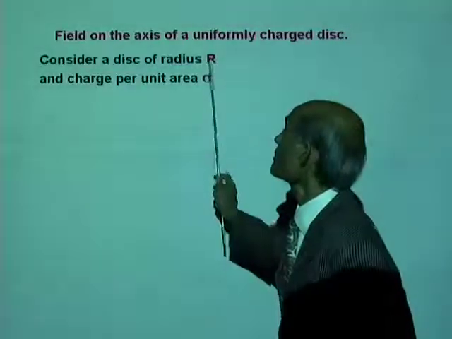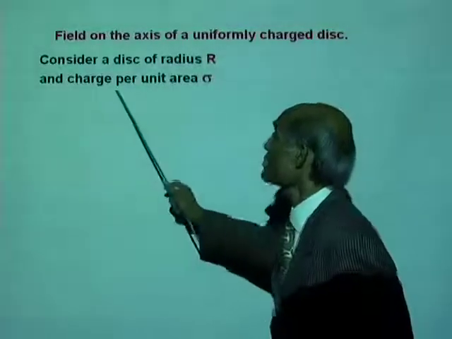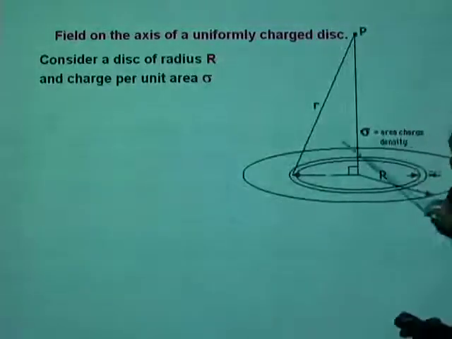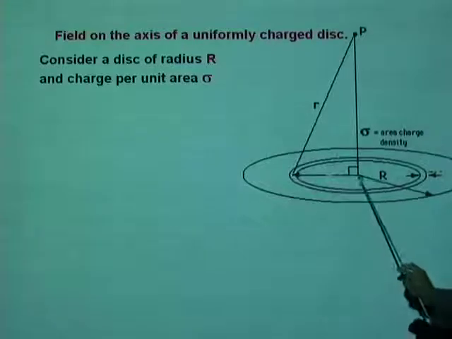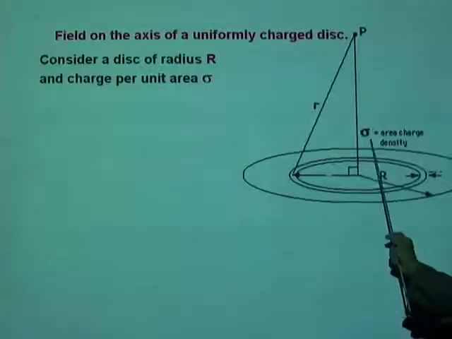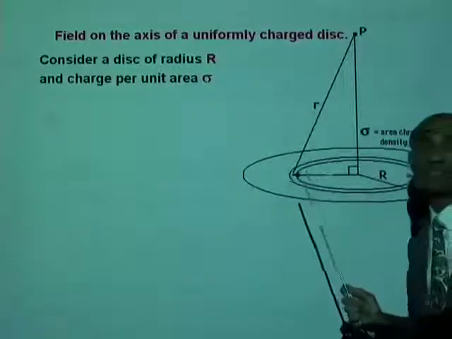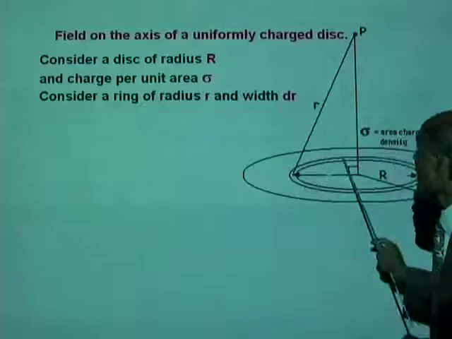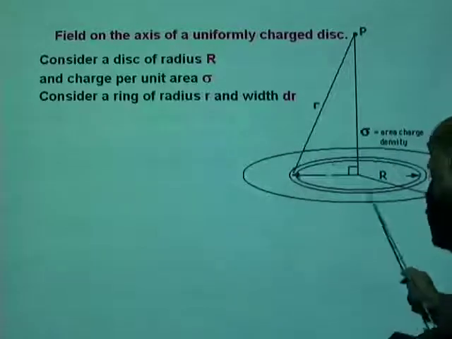Consider a disk of radius r and charge per unit area sigma. Here is the disk. The radius of that disk is r, and the charge per unit area is sigma. Consider a ring of radius r. Look at this ring here.